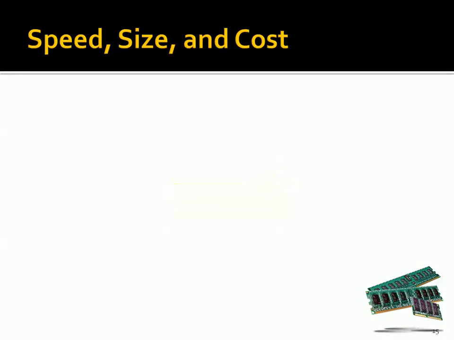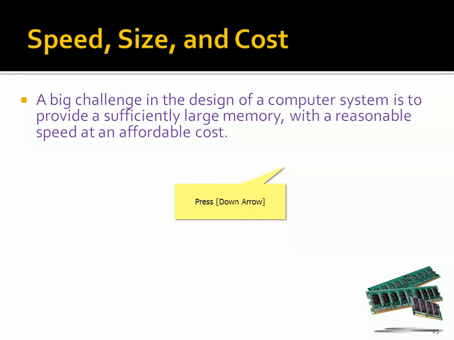So speed, size and cost are a challenge for the architects, the designers of the system, to provide a large enough memory. A reasonable speed at an affordable cost is very important, it is a commercial aspect, and most users will expect that.